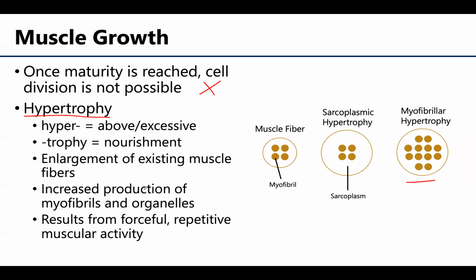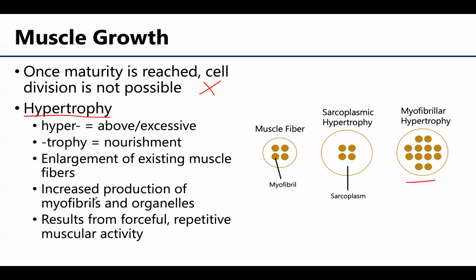Those can also have increased production, therefore making the cell get larger. Now, hypertrophy, not hyperplasia. Hyperplasia would be more cells. Hypertrophy is the increase in size of the existing cells.